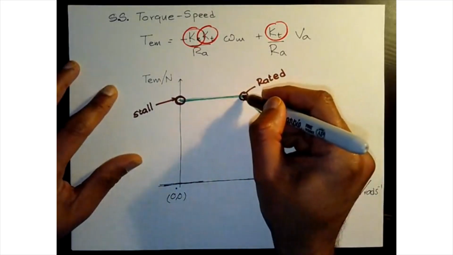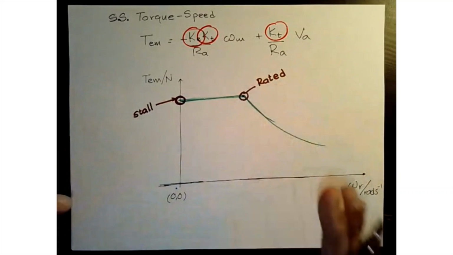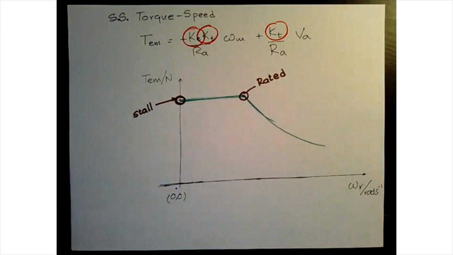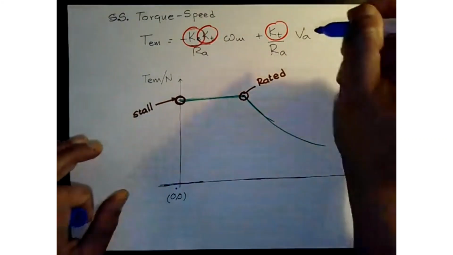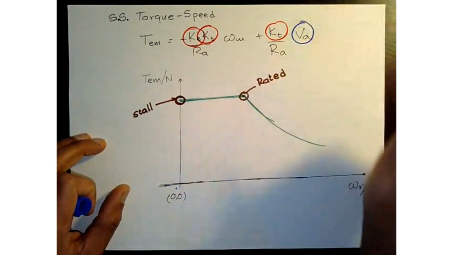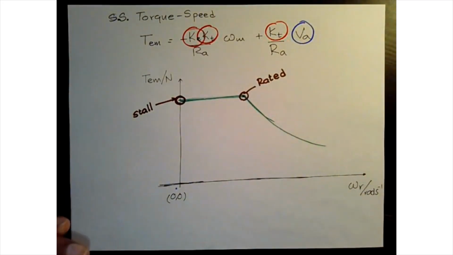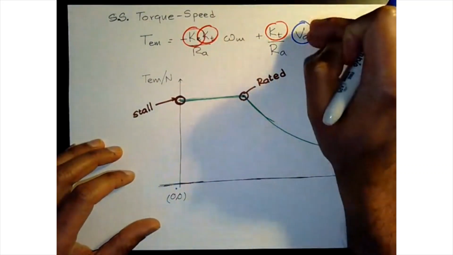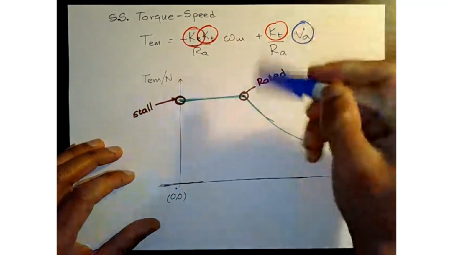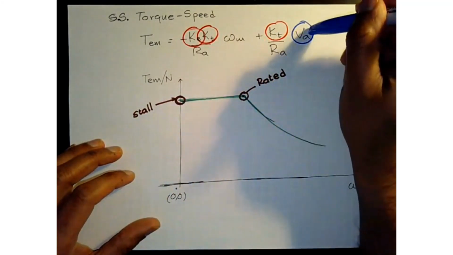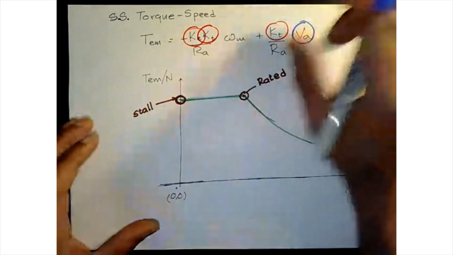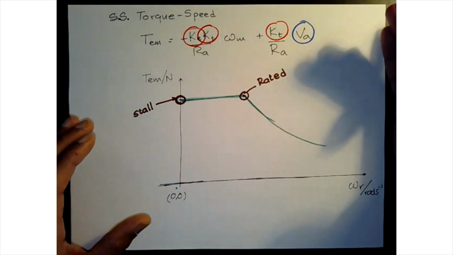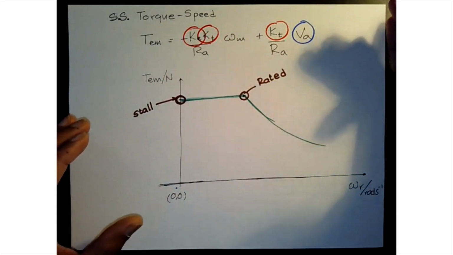Now we have control over voltage in this equation. Our voltage is a variable that we can control also. This is the voltage that we apply to the motor to generate current. Now, if we apply that rated voltage, and the parameters are maintained, the flux density is maintained at the rated value, what will the motor operating curve look like?